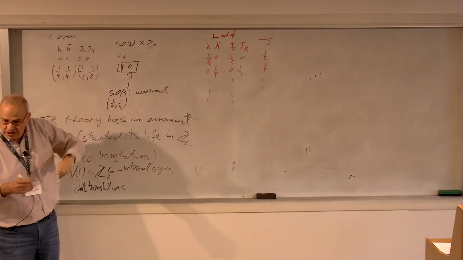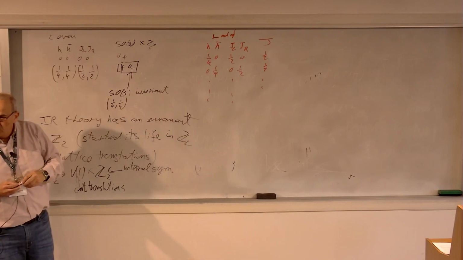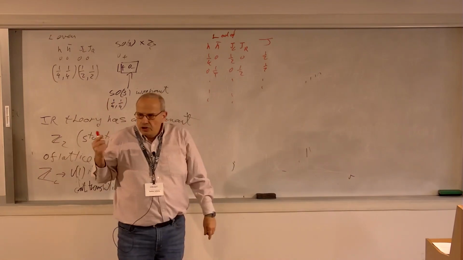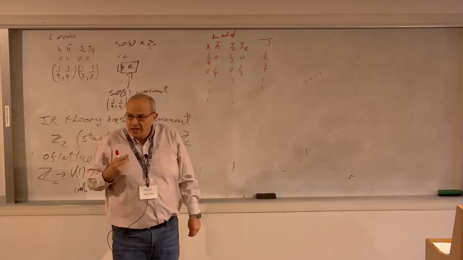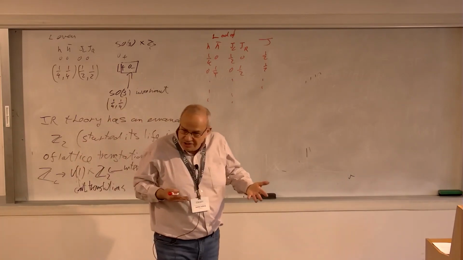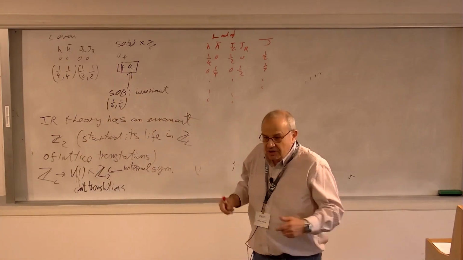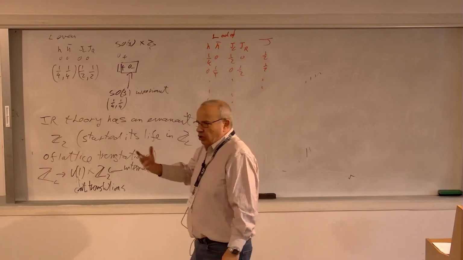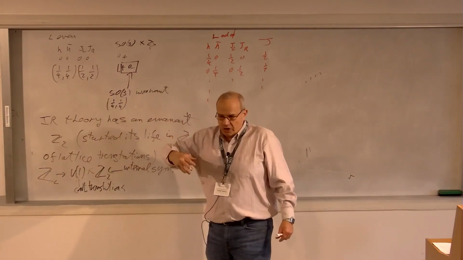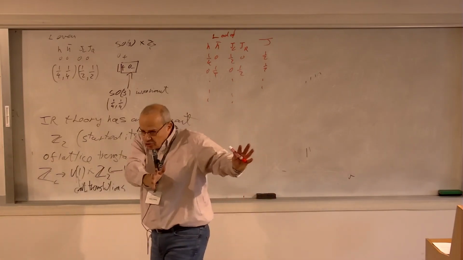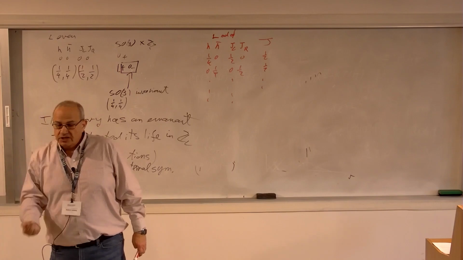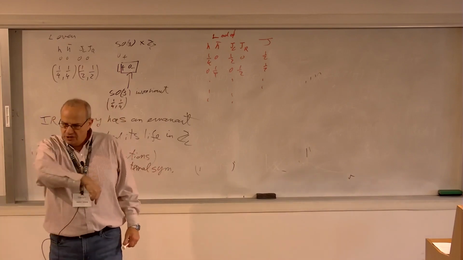Another way of seeing that there must be another Z2 is you could say, how would a low energy observer in the continuum tell the difference between L even and L odd? Because locally everything looks the same. How come they are different? There must be something in the low energy theory that allows me to change the limit from L even to L odd. And I say it's the same Z2. Just as it excludes some operators, it is interpreted as a defect of that Z2, and gives me the twisted theory.